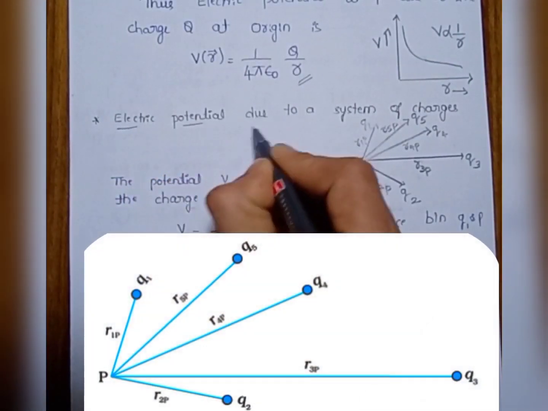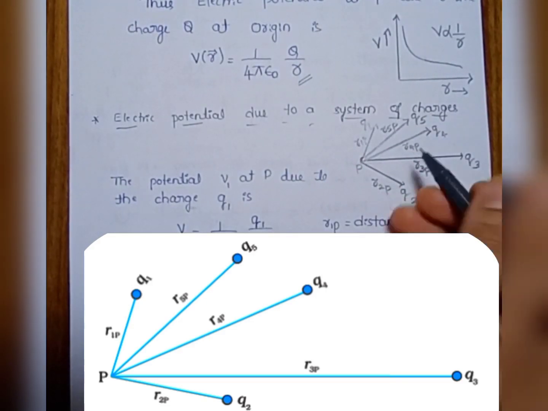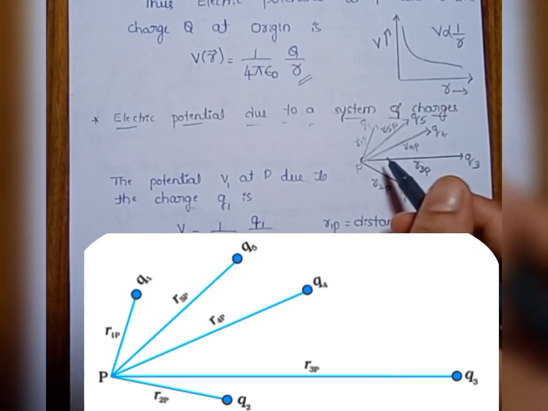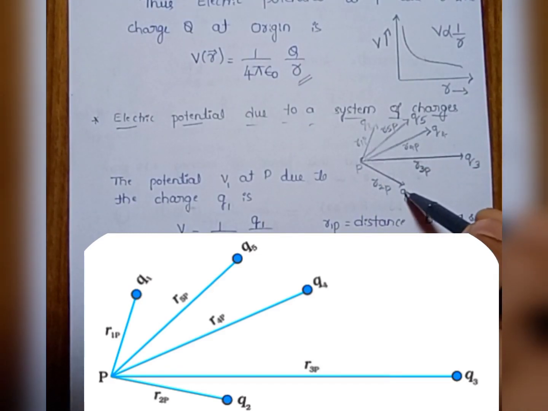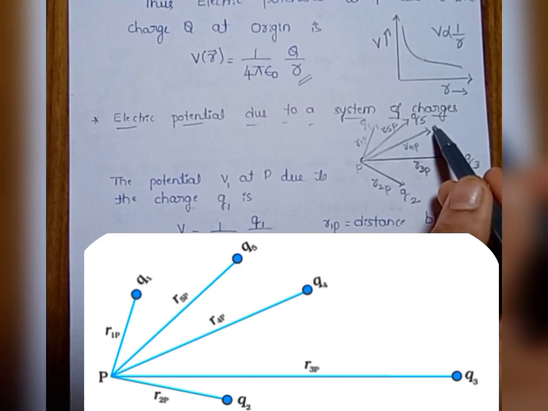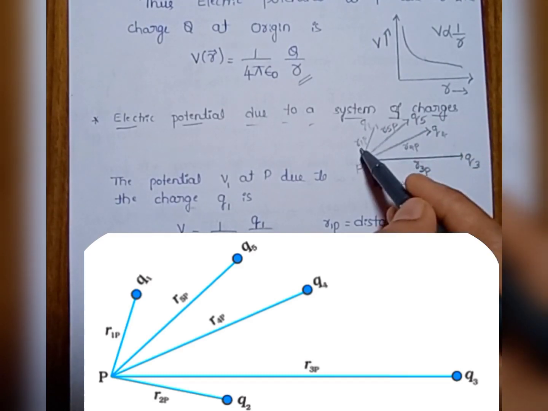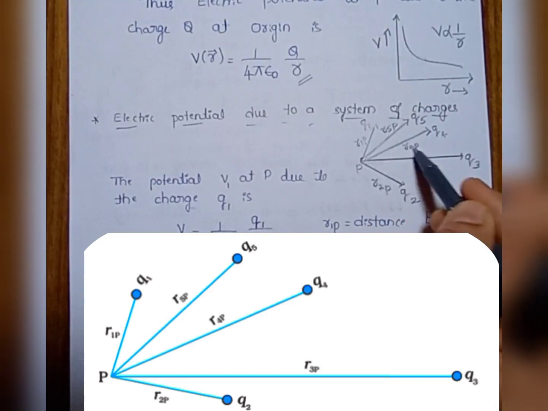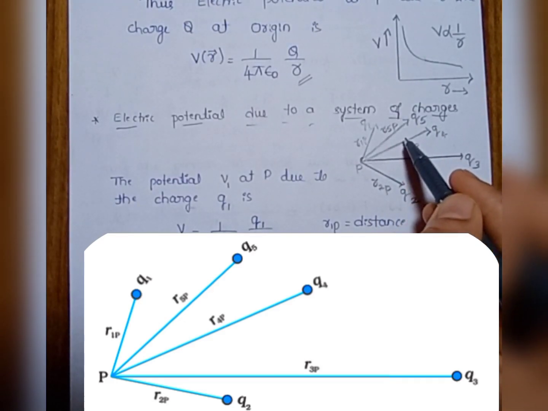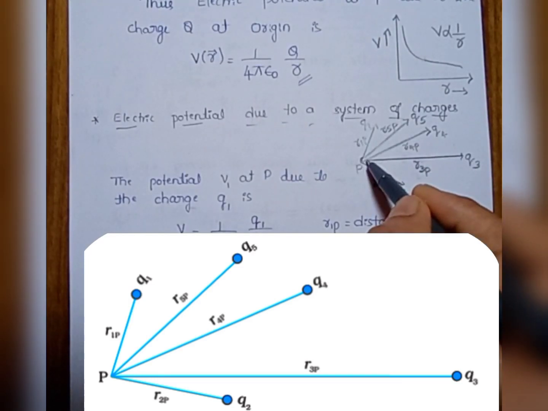Electric potential due to a system of charges, meaning more than one charge. Consider a system of charges Q1, Q2, Q3, Q4, Q5, and so on up to Qn with position vectors R1p, R2p, R3p, R4p, R5p, and so on up to Rnp with respect to the origin.